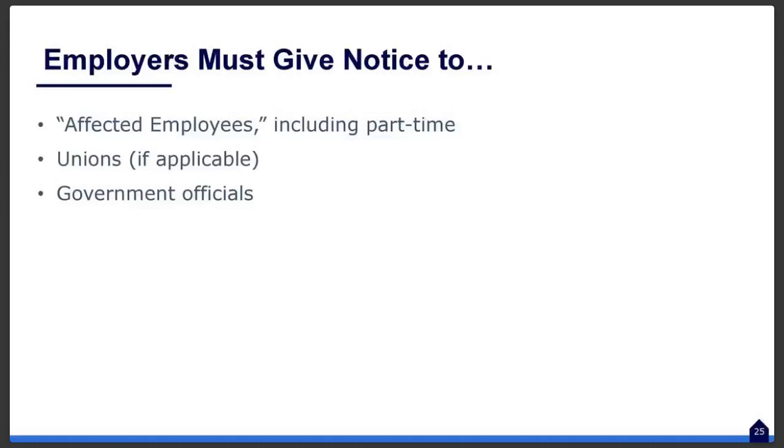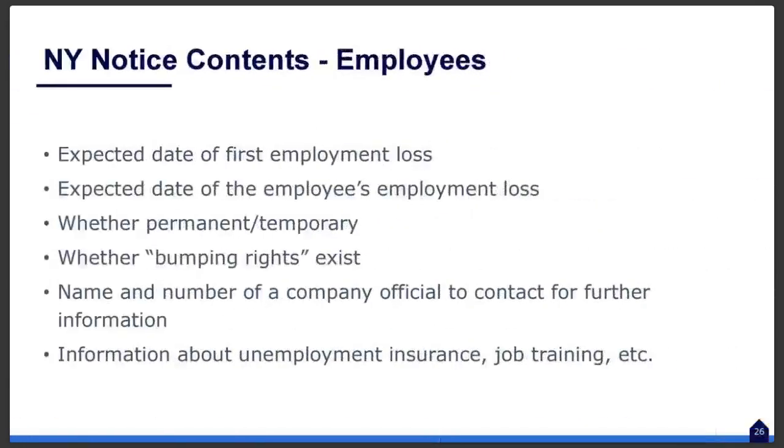Notices to government officials, for example, will include lists and identification of who the affected employees are, but otherwise they largely contain the same type of information as what goes to the individual employees, which you see on this slide.